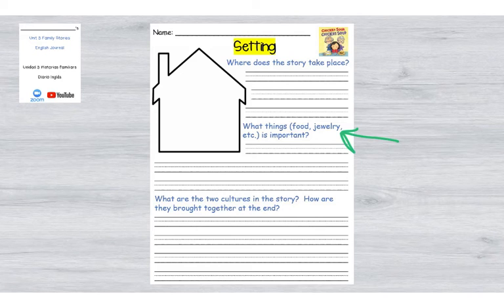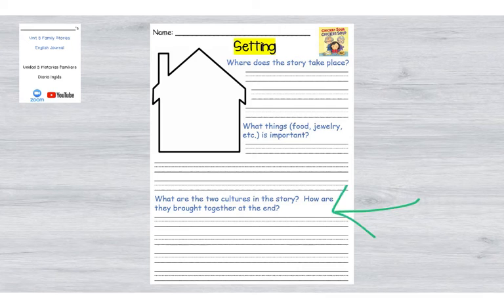I bet you can guess by the title, but there is something, food or jewelry, I'll give you that hint, that's very important to this story, and that's what the story is focused on. So I want you to tell me what that is.